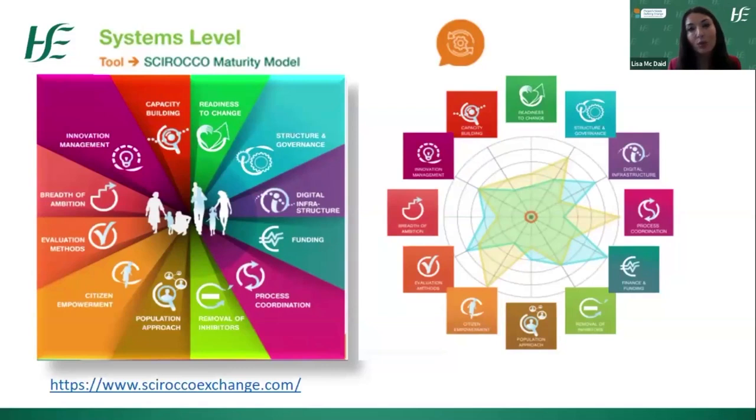But what makes the SIROCCO tool particularly practical is its use of a spider diagram, which you can see on the right-hand side, to create a visual map of a system's maturity levels across the 12 dimensions. So it is a very visual representation, and it helps teams quickly identify strengths, gaps, and areas for improvement, which just makes it easier to prioritise actions and allocate resources effectively.